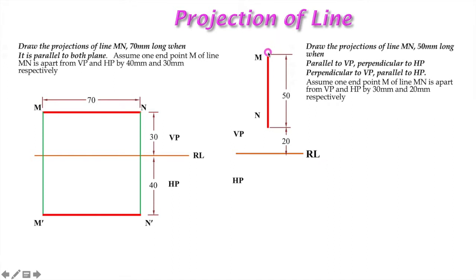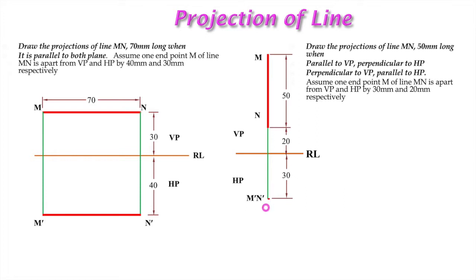Draw the projection line from both M and N, and they will coincide like this, and extend up to 30. As it is parallel to VP and perpendicular to HP, from the top it will look like a point. That point is here, M dash N dash.